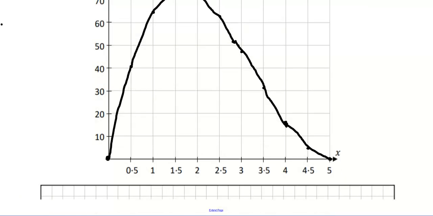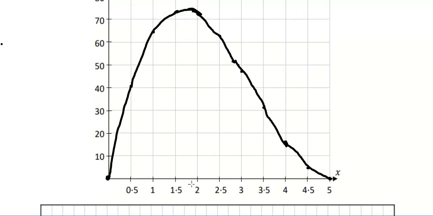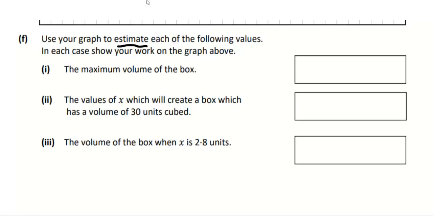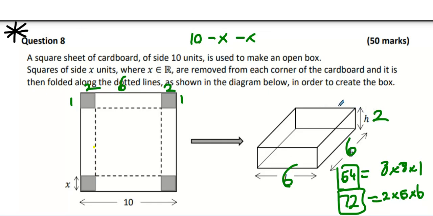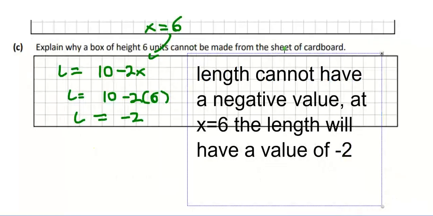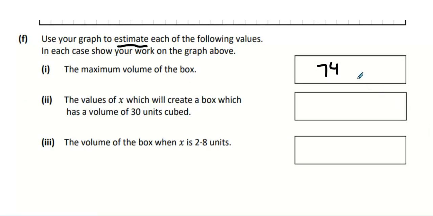I'll go straight up, like so, and claim that there is 74. My calculator more or less told me it is 74. Now what's the unit? Go back to the start. It's just units; it didn't tell me centimeters or meters. So units squared.